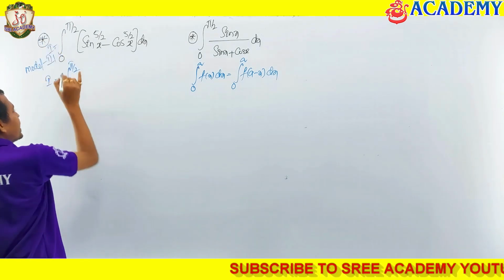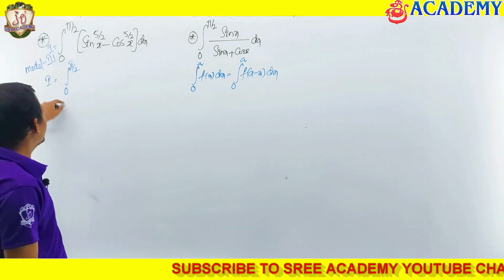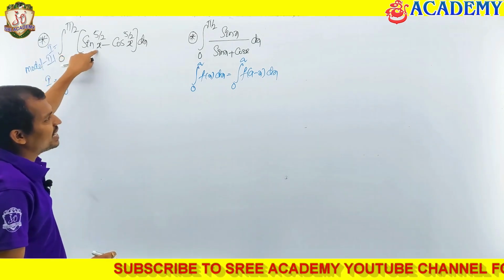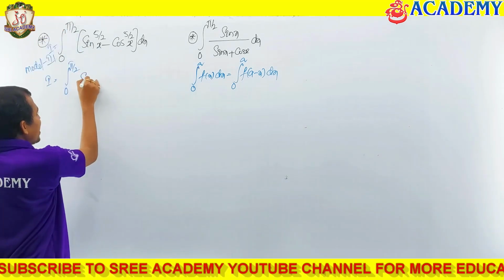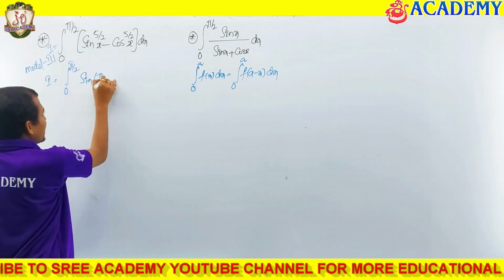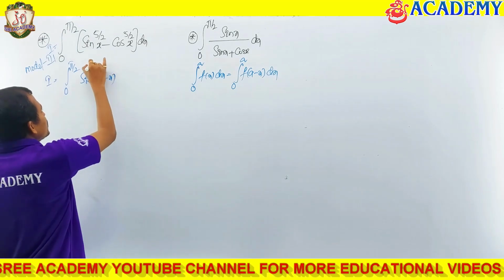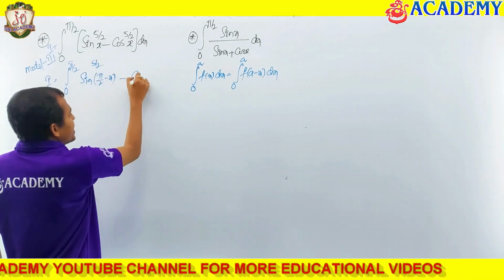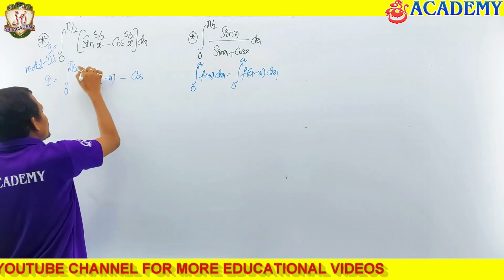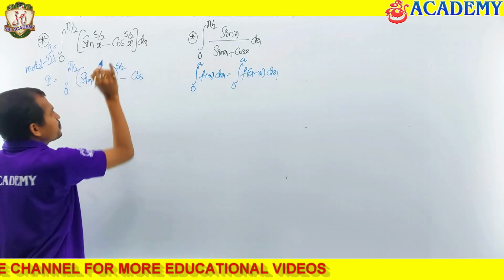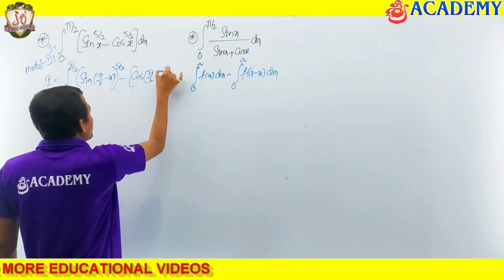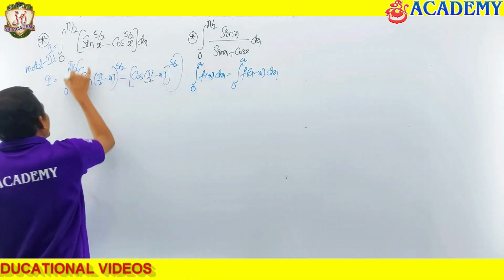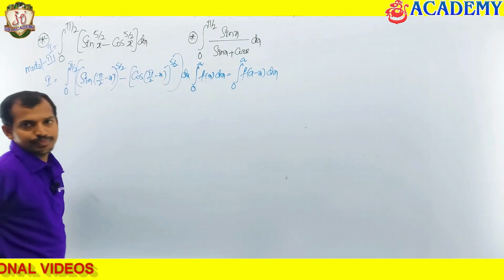One more I am writing, I is nothing but integral 0 to π/2. If I replace x with a minus x, that is sin of π/2 minus x whole to the power of π/2 minus cos of π/2 minus x whole to the power of π/2, you have to apply integration.